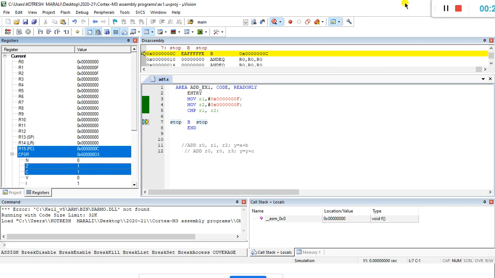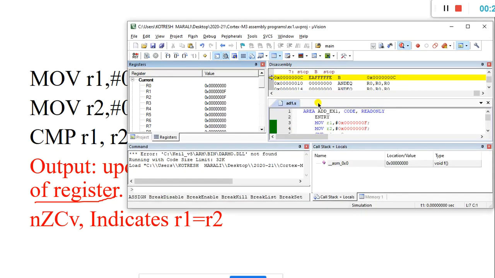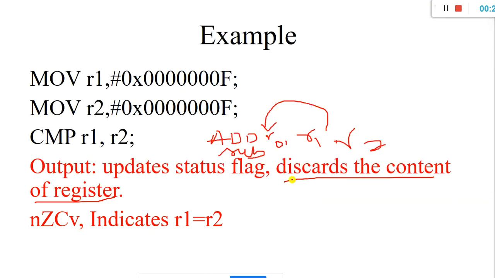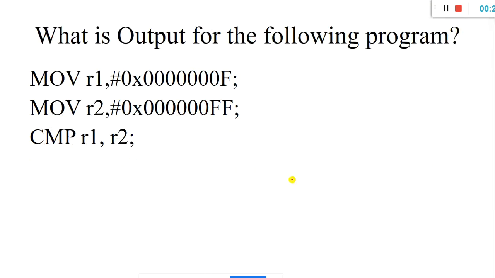Now I'll come back to the presentation. What if this is the case? What will be the output, where the first register contains 15 but the other is more than that? By looking at this data, R1 is clearly greater than R2, right? I'm using CMP R1 and R2.